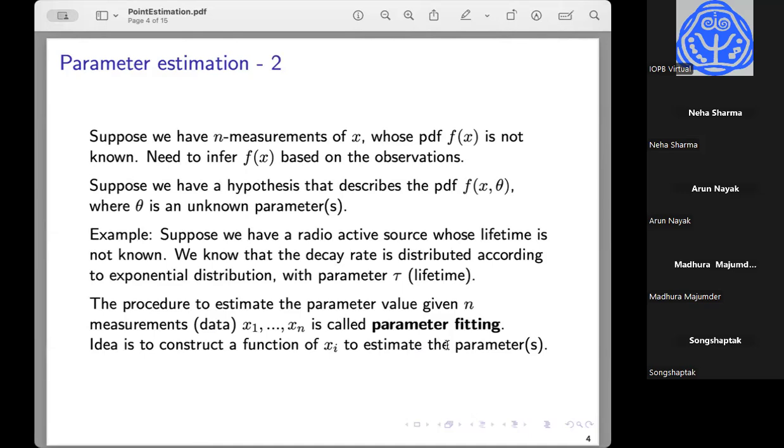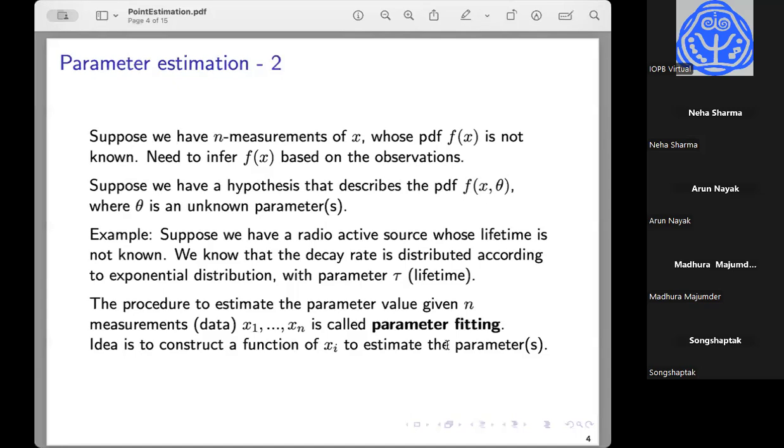So what we want to infer is, given n measurements, what is the PDF of those observations. Now, suppose we have a hypothesis that the events come from this kind of theory, or from this theory we expect this kind of events.